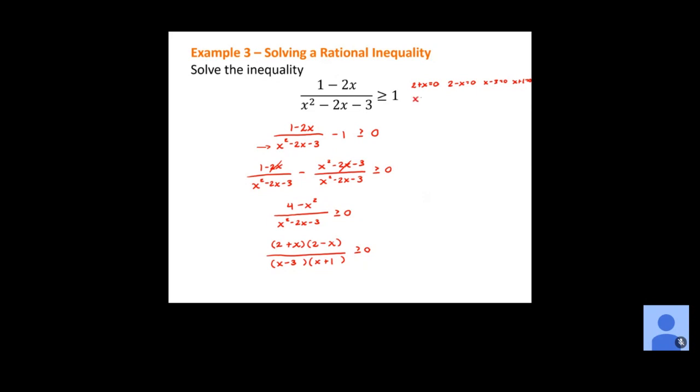Okay, so we get x equals negative 2 for this one. This one's going to give us x equals positive 2. We have x equals positive 3, and x equals negative 1.